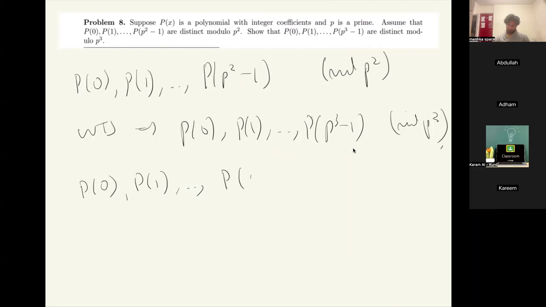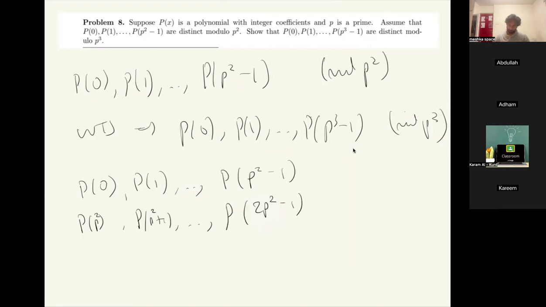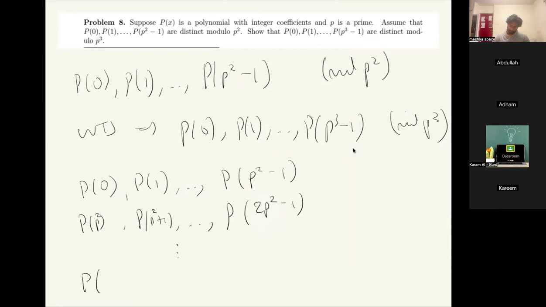I go P of 0, P of 1 all the way to P of P squared minus 1, and then the next row, P of P squared, P of P squared plus 1, all the way to P of 2P squared minus 1. So I'm grouping them into blocks of P squared, and the last row will be P of P cubed minus P squared, all the way to P of P cubed minus 1.